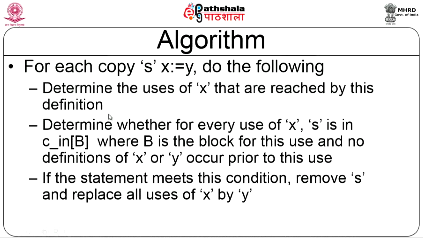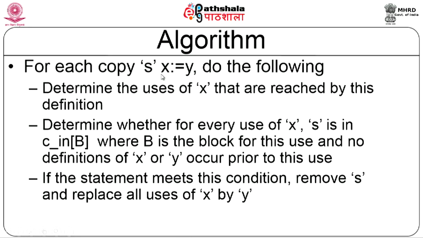So the algorithm is, for each copy statement S, X is equal to Y, we have to do the following: determine the uses of X that are reached by this definition, and determine whether for every use of X, S is in the input of B, where B is the block for this use, and no definitions of X or Y occurred prior to use. So this is very important here. And if the statement meets this condition, remove S and replace all uses of X by Y. So we have to do this for every statement and for every block.